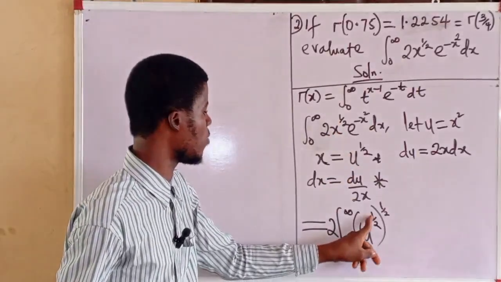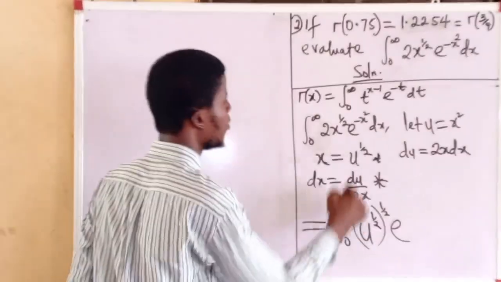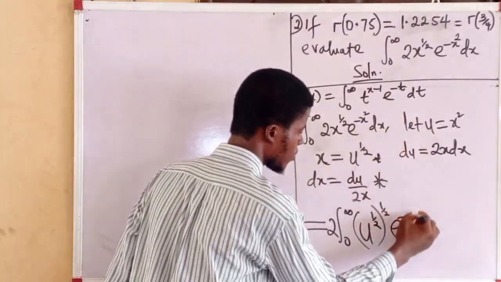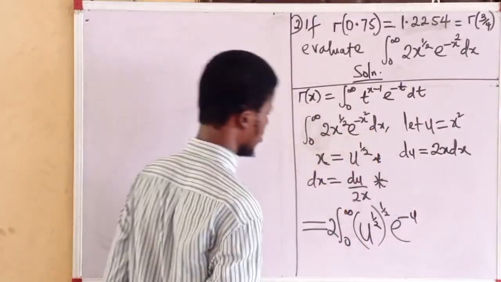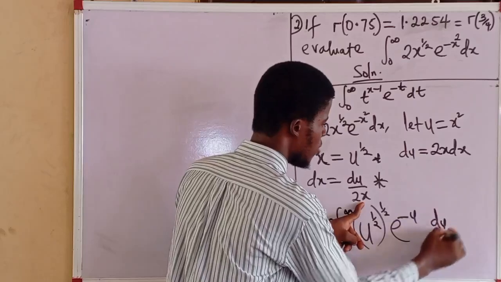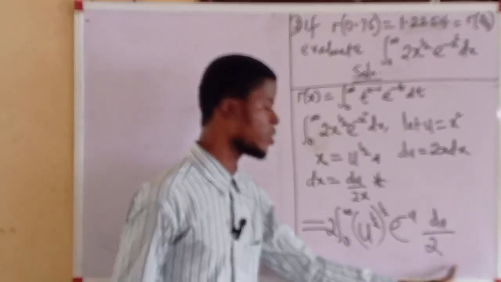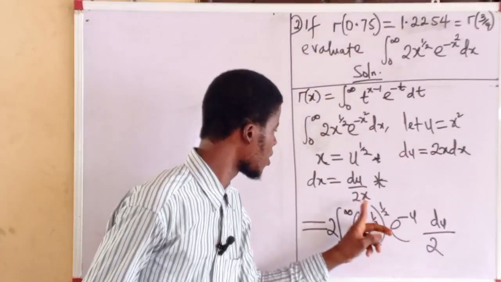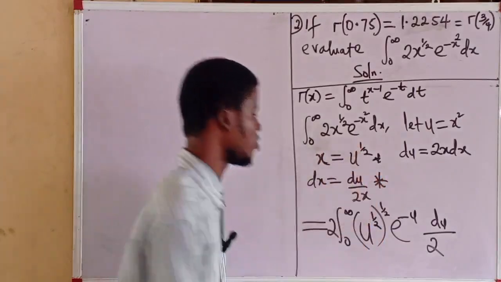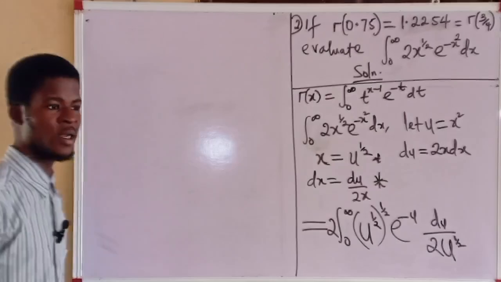So I will raise u to the power of 1 over 2 to that same power of 1 over 2, times e to the power of minus, what is x squared? u. What is dx? dx is equal to du all over 2x. I don't want to write x because the integral is in terms of u. So what is x? Remember we said x is u to the power of 1 over 2. So I'm writing u to the power of 1 half. You see the integral now.